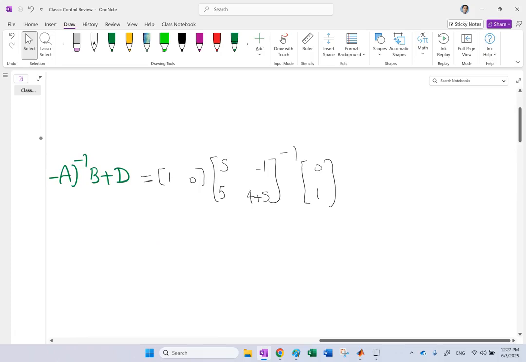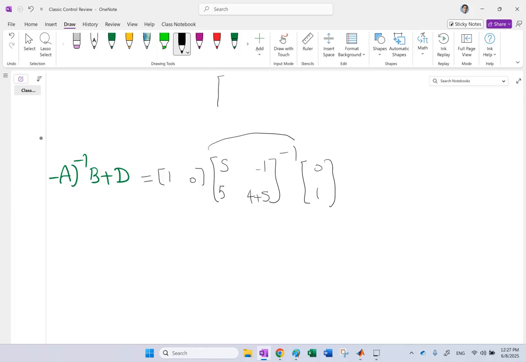Do I? Yes. Because what is the inverse of a 2 by 2 matrix? Well, the inverse is going to be the diagonals swapped. So you're going to get s plus 4 here and s here. And the off diagonals negated in place. So it is going to be like this. And then divided by the determinant of it, which is s times (s plus 4) minus 5 times negative 1.